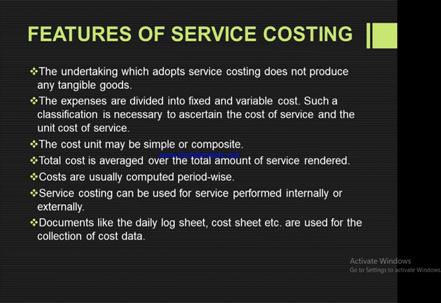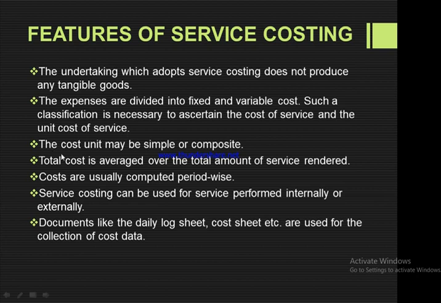Some of the features of service costing: the undertaking which adopts service costing does not produce any tangible goods. The expenses are basically divided into fixed and variable cost, and this classification is necessary in order to ascertain the cost of service and the unit cost of a service, because the fixed cost is going to remain fixed, whereas the variable cost is going to vary as the volume increases.